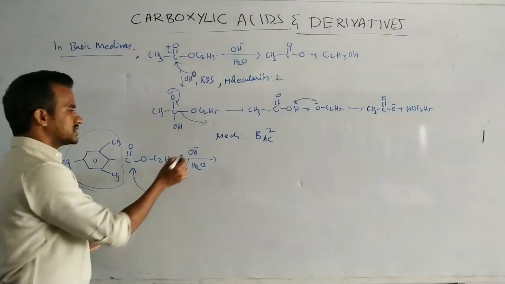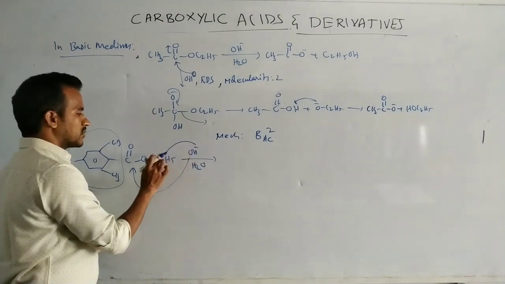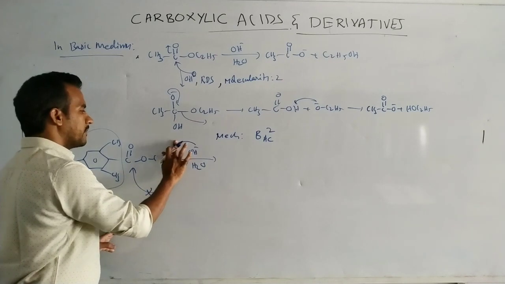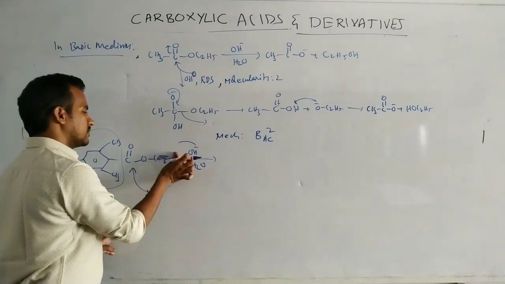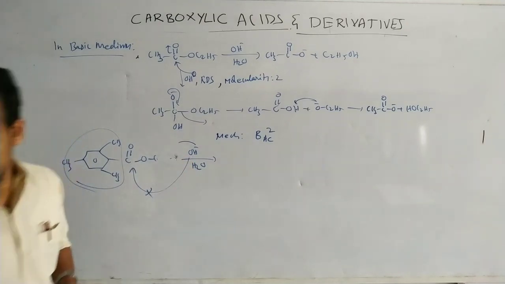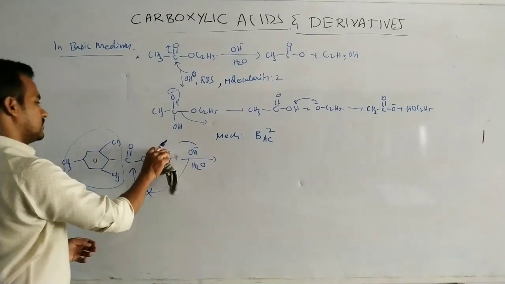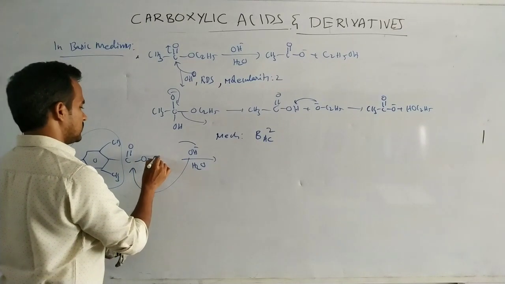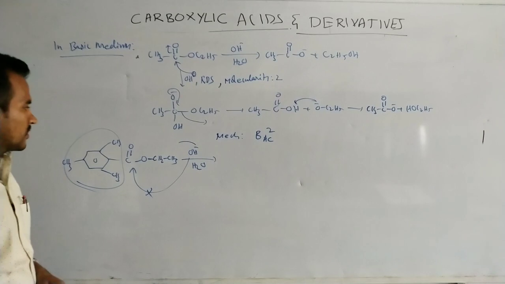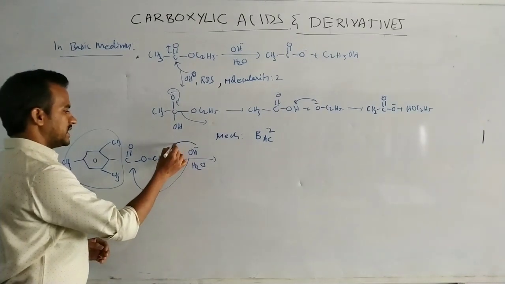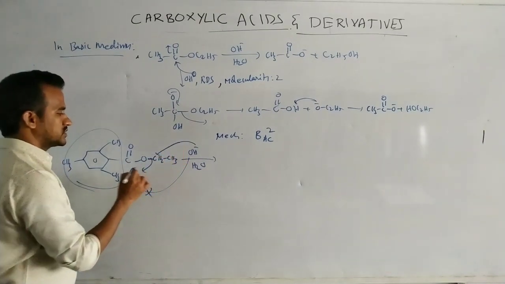So that's why in this case OH minus attacks on this carbon, this is the ethyl, CH2CH3, leaving out this group.